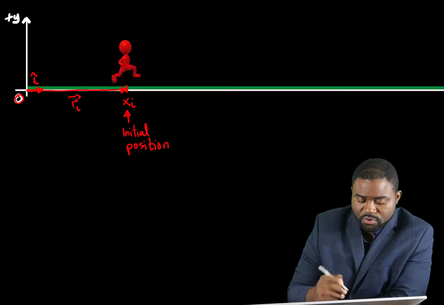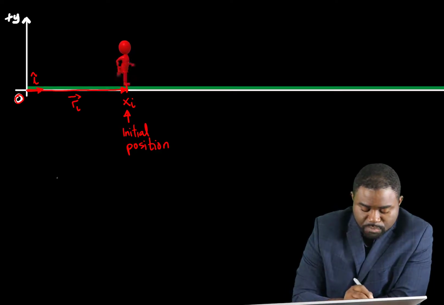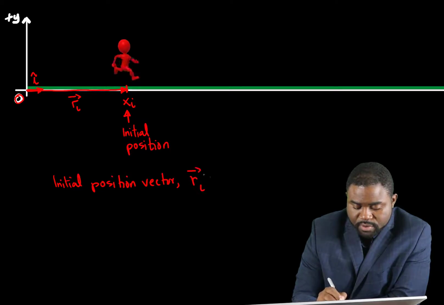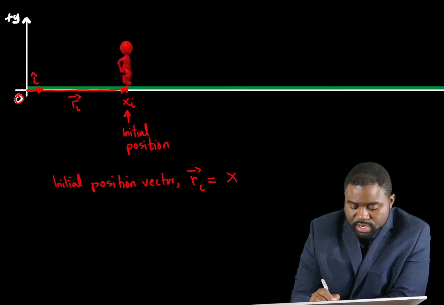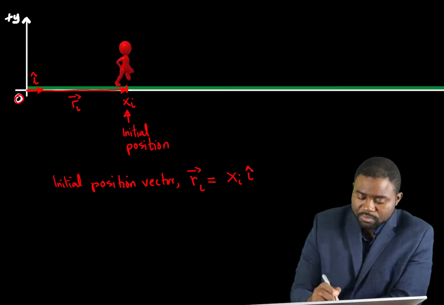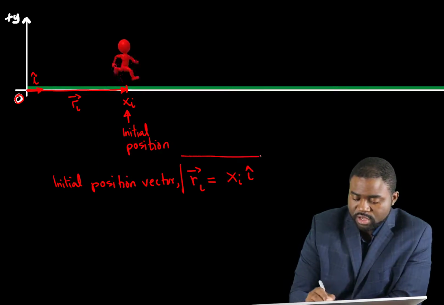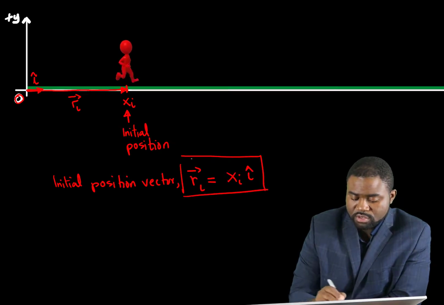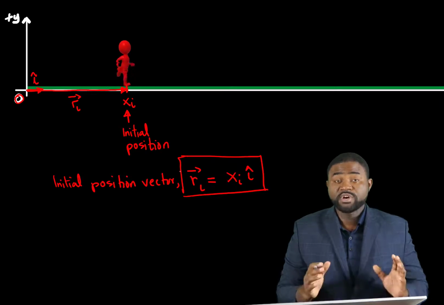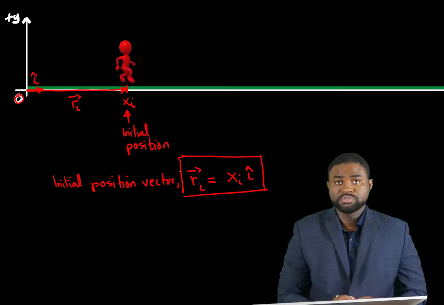So in this particular case, his initial position vector r_i is going to be equal to x_i i hat. Keep in mind that i hat is the unit vector along the x direction. So we have defined his initial position.